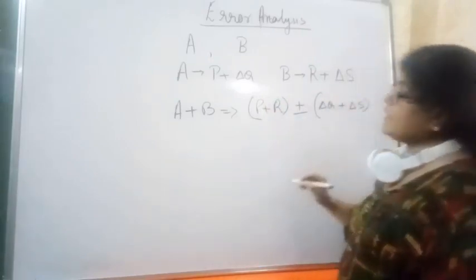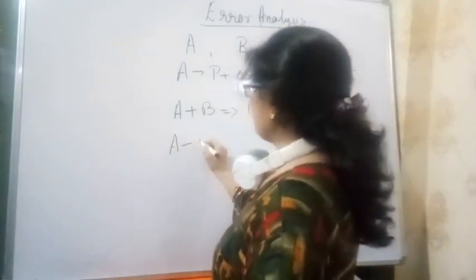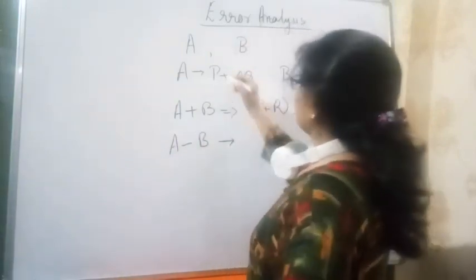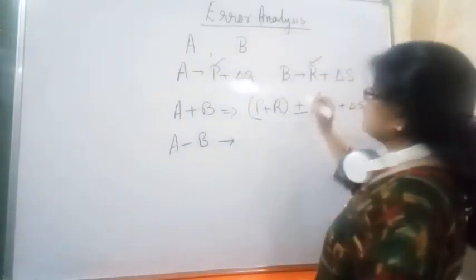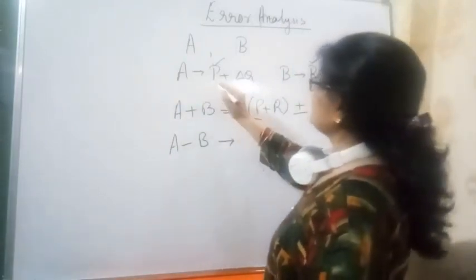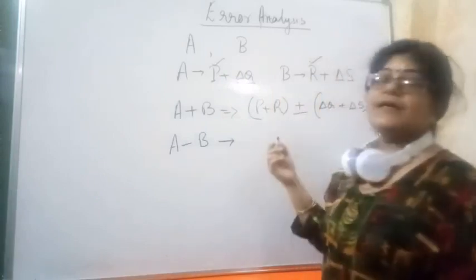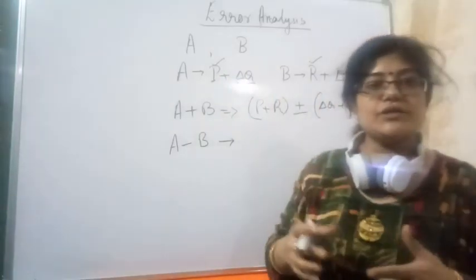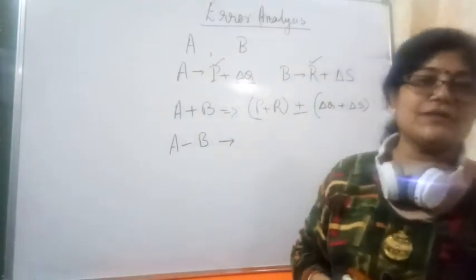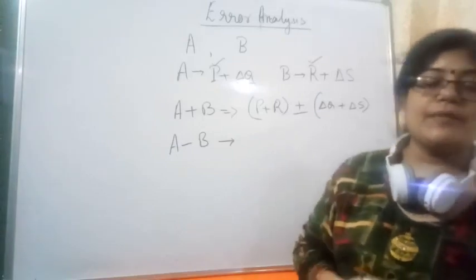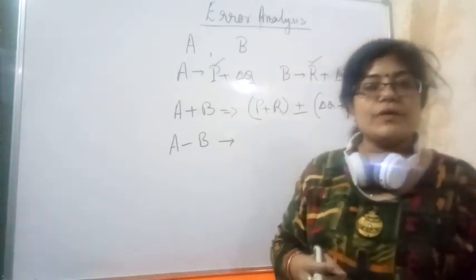But when we subtract these two values, this is the correct value and this is the error in that value. What is the error in that value? When we measure anything with instruments, for example a scale, a vernier caliper or a screw gauge, we measure it.